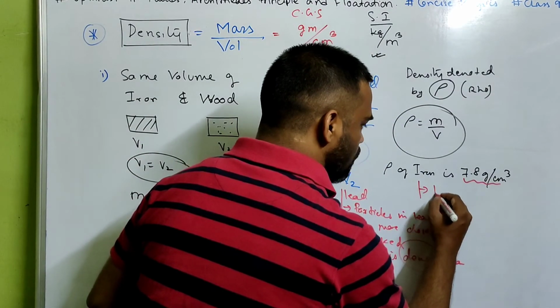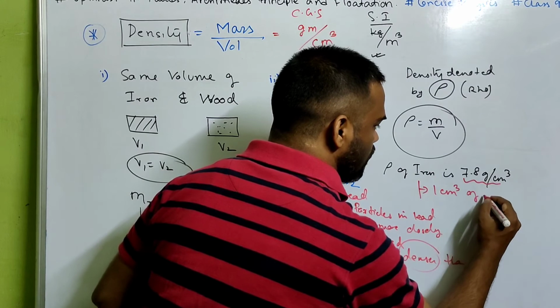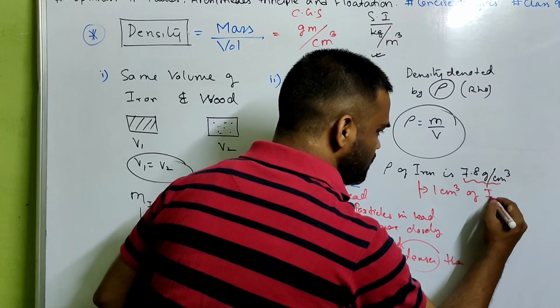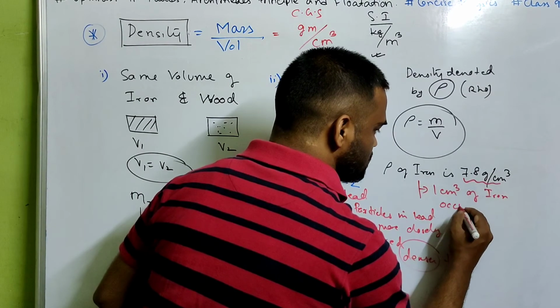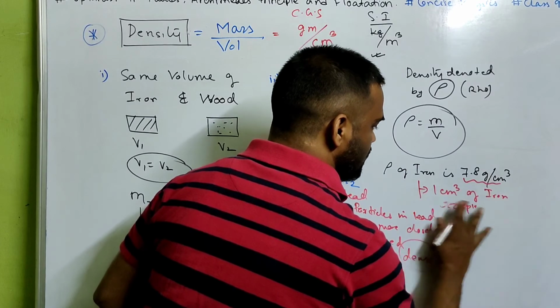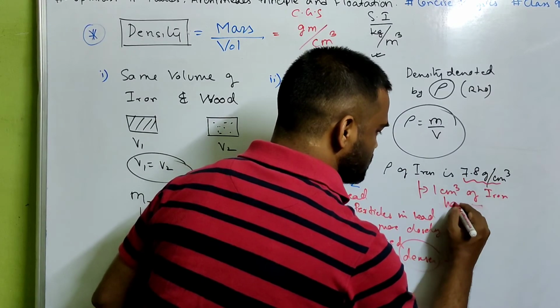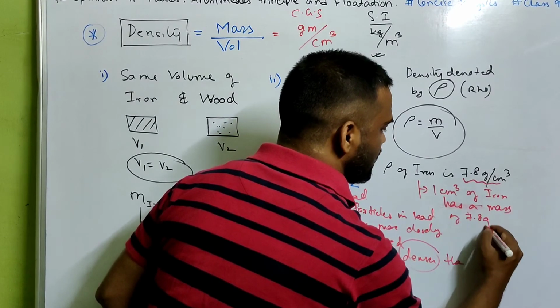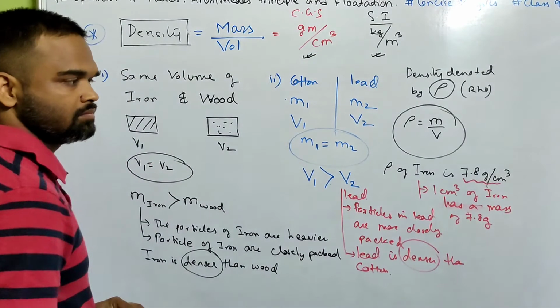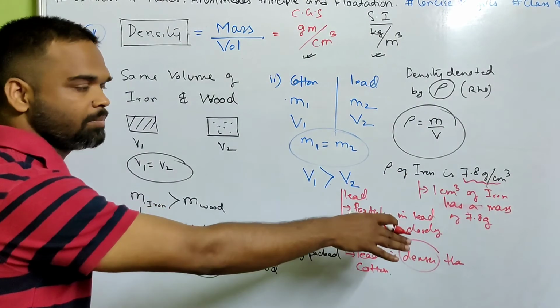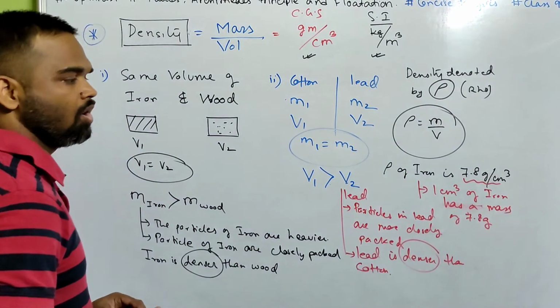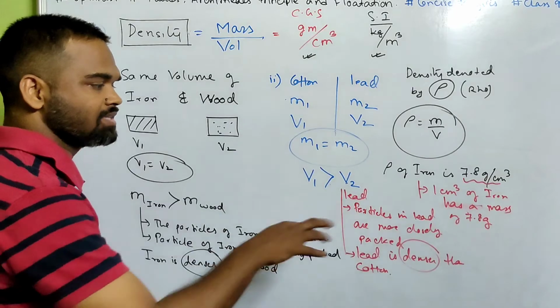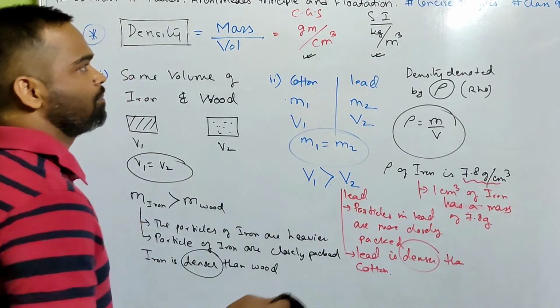It means 1 centimeter cube of iron has a mass of 7.8 gram. So if the density is 7.8 gram per centimeter cube, it simply means that 1 centimeter cube of iron has a mass of 7.8 gram.